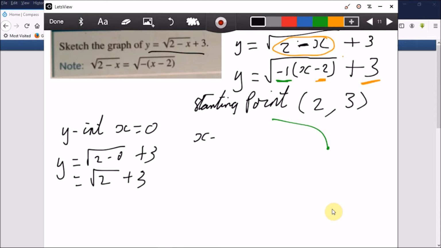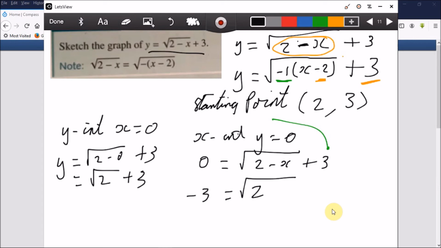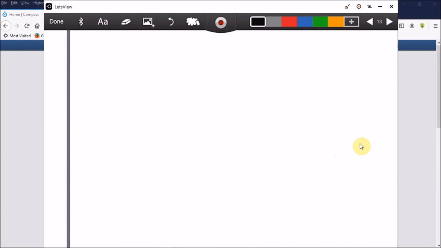I'll just leave it as an exact value. All right, our x-intercept, that's when y equals 0. So we'll go 0 equals the square root of 2 minus x plus 3. Take 3 from both sides. It's the square root of 2 minus x equals negative 3. Then to get rid of the square root, we square both sides. So negative 3 squared, of course, is 9.